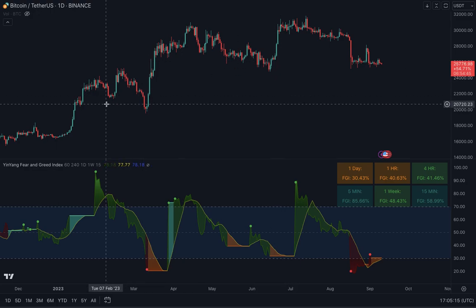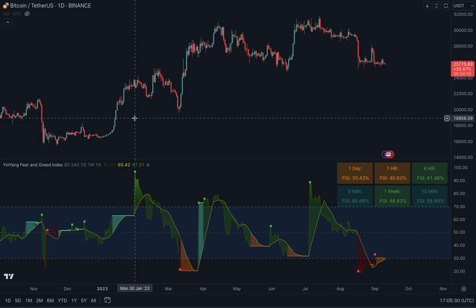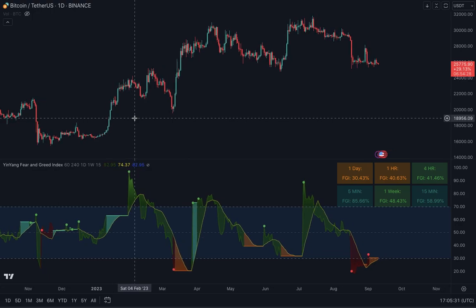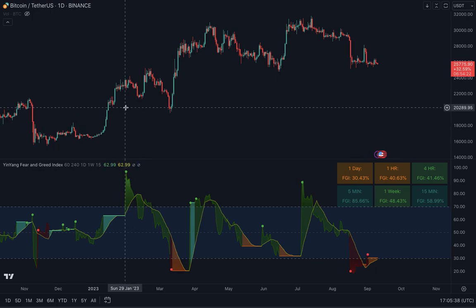And then the height obviously matters too. On this exact greed symbol here, we had 97 for the fear greed index, which is really high. I wouldn't use it by itself to make purchases for buying and selling, but it is good to know how people are feeling in there.